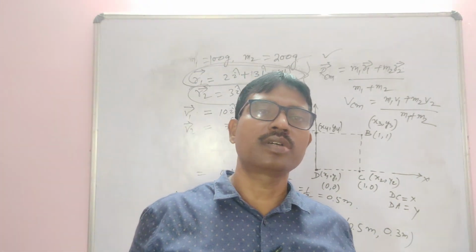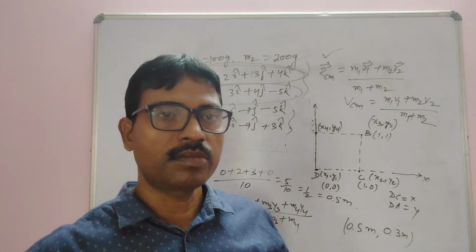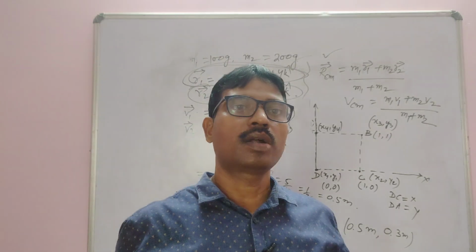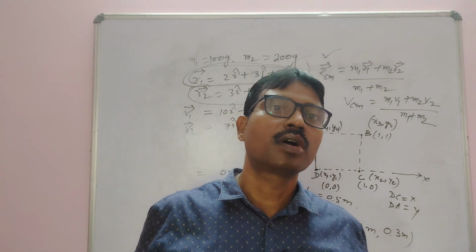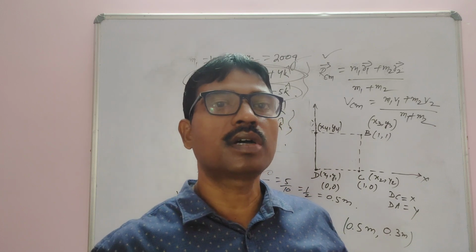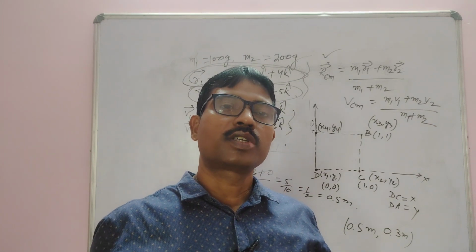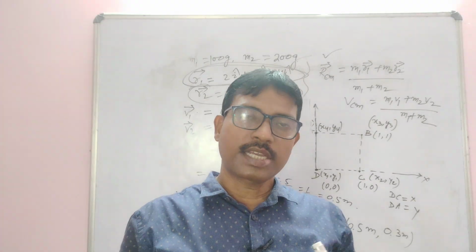And for the coming video, don't miss that time. You all join. We have to discuss numerical problems on the basis of continuous bodies, if possible, and we have to discuss the center of mass of a system of a rod. A rod lies on the x-axis.